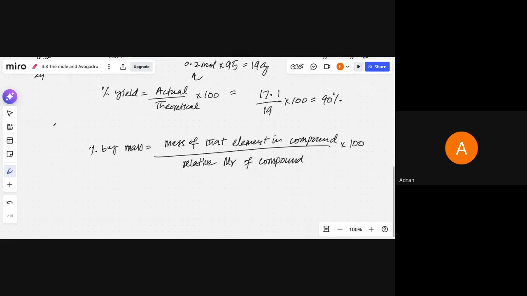Okay, so let me write this as topic 2, percentage composition by mass.